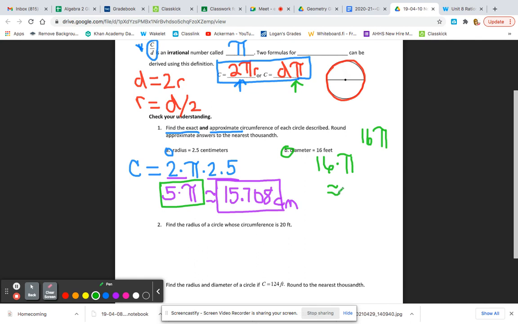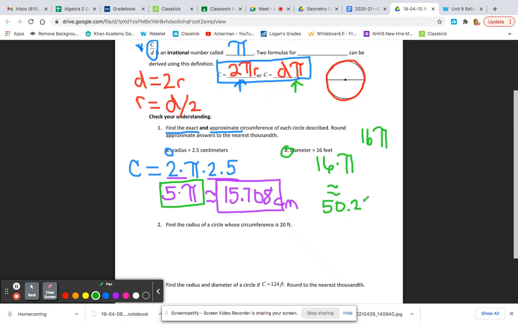Again, use the pi button, not just the 3.14. So we're going to do 16 times pi in the calculator, and I get roughly 50.265.